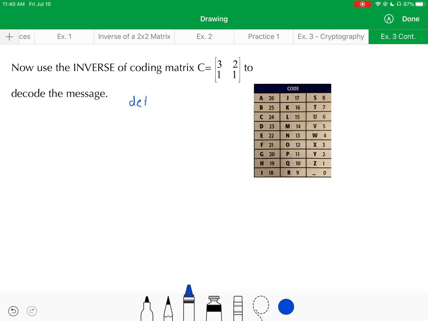That requires us to find its determinant first, which would be 3 minus 2, or 1. That works out quite nicely. So the inverse of C would equal 1 over 1 multiplied by the following matrix. It would be 1, negative 2, negative 1, 3, which then gives us, of course, 1, negative 2, negative 1, 3, since that scalar out in front is just a 1. Okay.